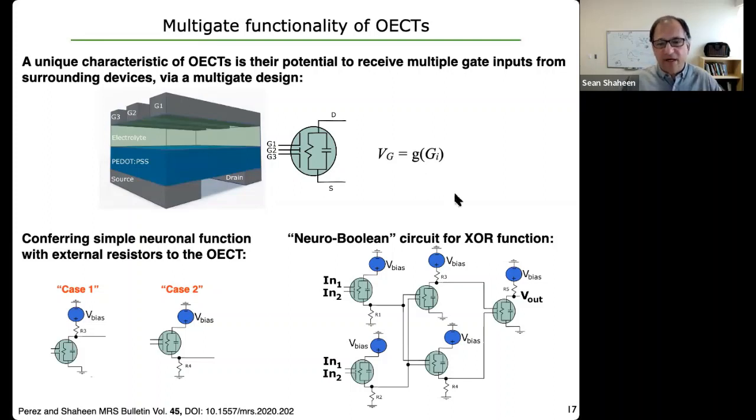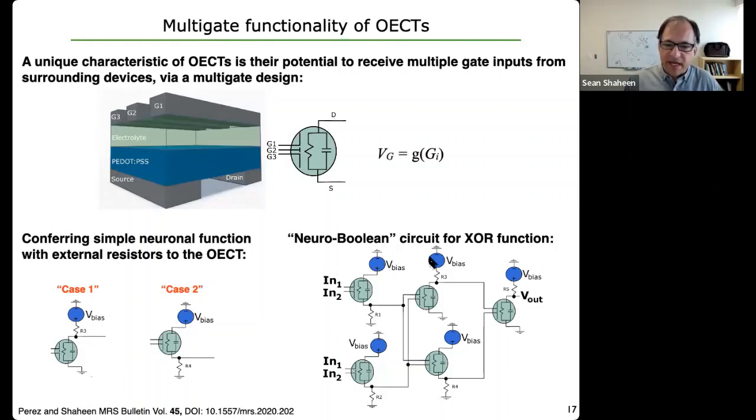But before we get there, we could do interesting things even with just a linear combination of those gates. So in this case, we've made something, published a couple of years ago in MRS Bulletin, which we're calling a neuroboolean circuit. And the point is that your computational device operates in different modes at different length scales.